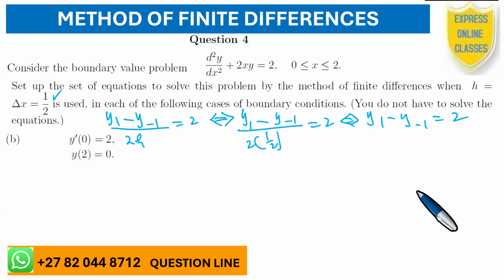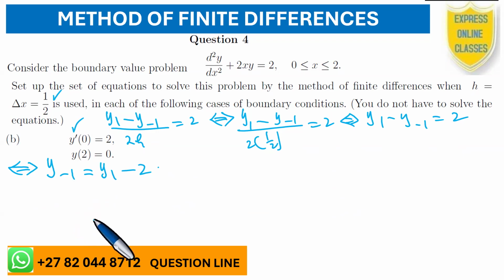Taking a deep breath, and we move on. We're dealing with the first derivative as a boundary condition, and we are looking at the skill we need to use, which is y1 minus 2.